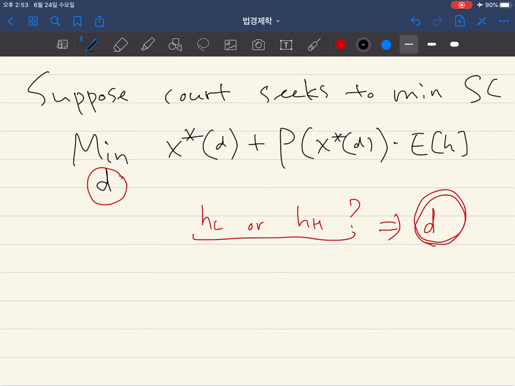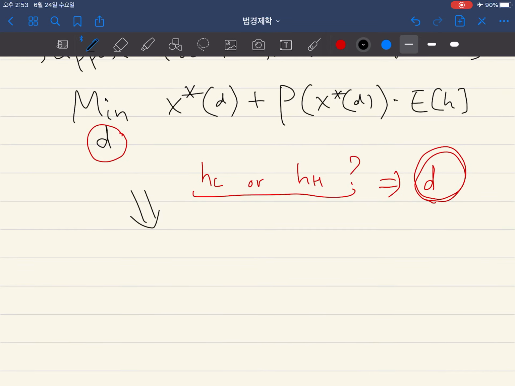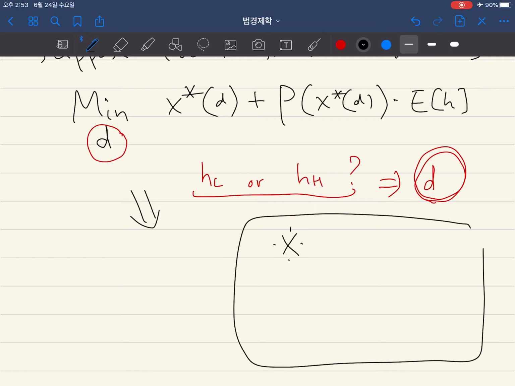And actually last time we thought about this problem. So remember, if we solve this problem, the solution is this.